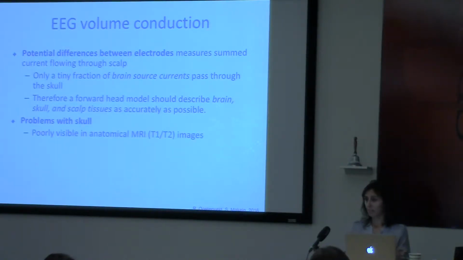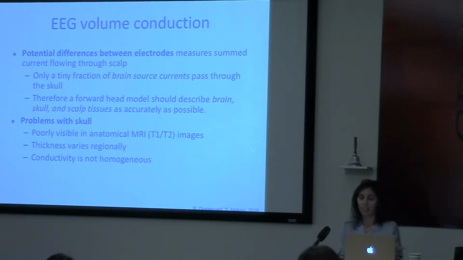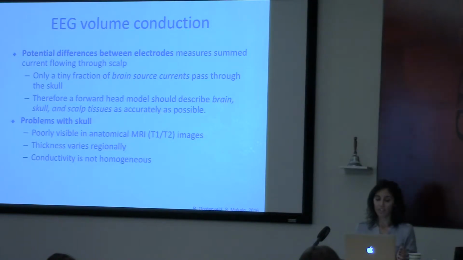So we have some problems with the skull. First of all, the value in the MRI images is 0, which is like the sinuses and vessels. So it's not easy to extract the skull from the anatomical images, and its thickness varies regionally.